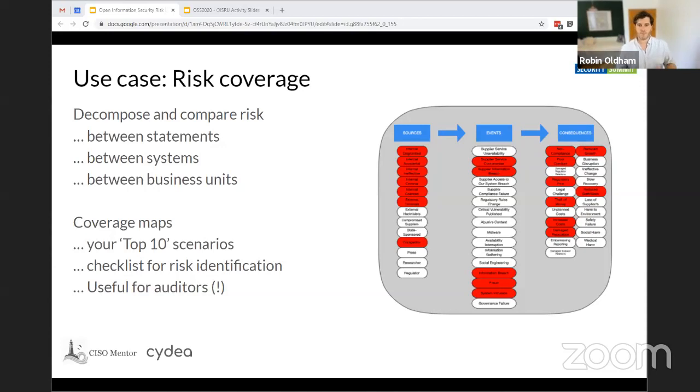We've approached this from a broader identification purpose, and deliberately not tried to tie it to a particular methodology per se, so that people can use it with whatever approach or tool they've got to help them develop statements and scenarios.